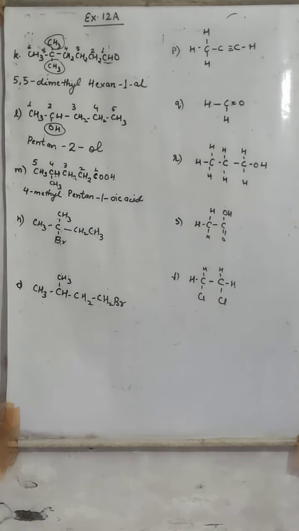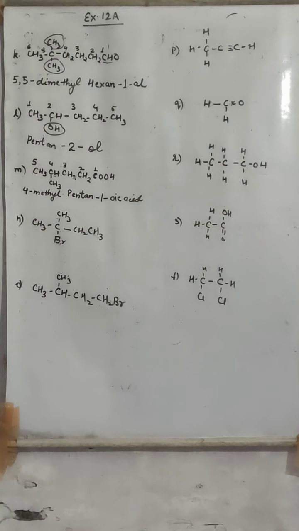Now next. Now see. Firstly we select the longest possible chain, that is 1, 2, 3 and 4. Up here it is out from the numbering and this is also out from the numbering. The numbering we will start from where these two will get the smallest possible number.